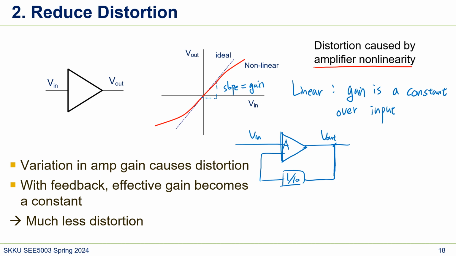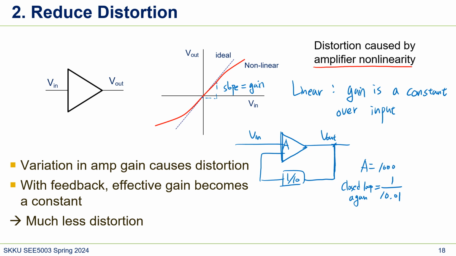If gain is 1000, the closed loop gain was 1/10.01.